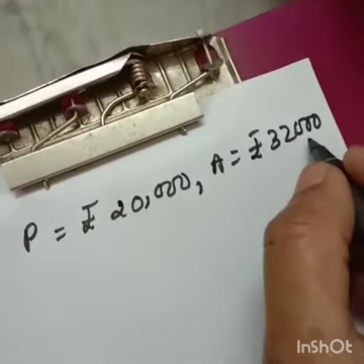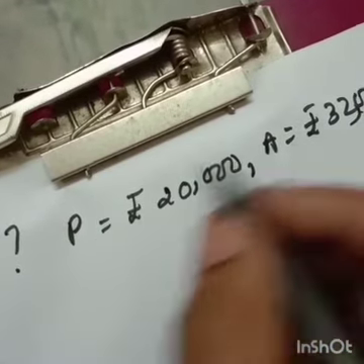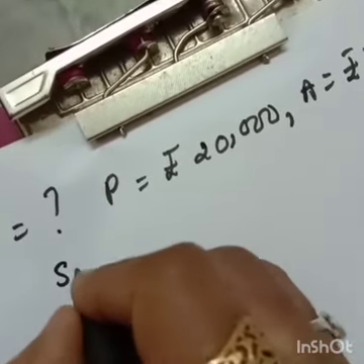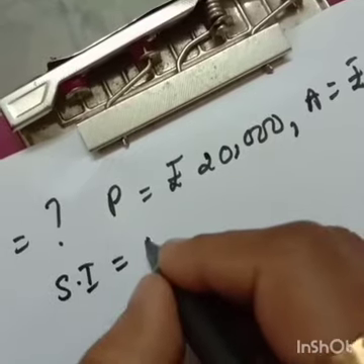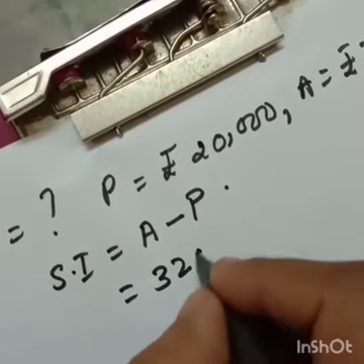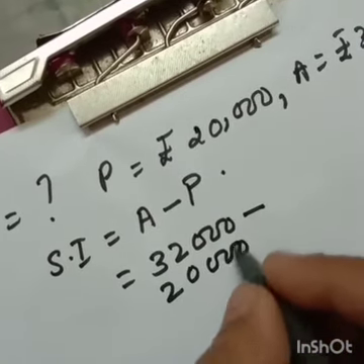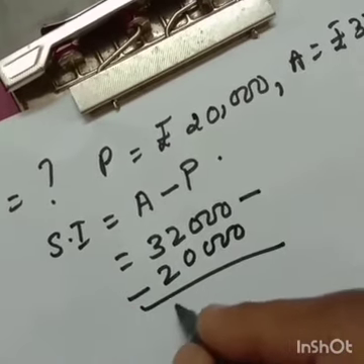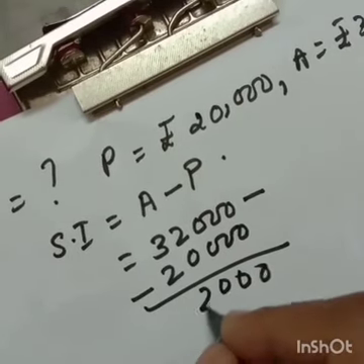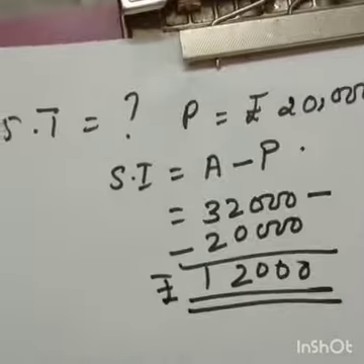You know that when amount and principal are given, you will get the simple interest. Simple interest is equal to amount minus principal. Amount is 32,000 minus principal 20,000. You will get 12,000 as interest. Am I right?